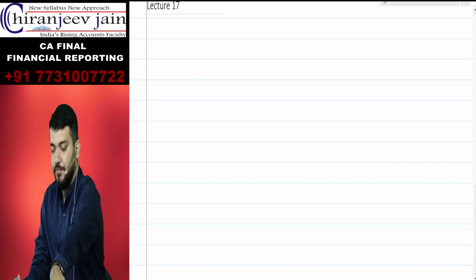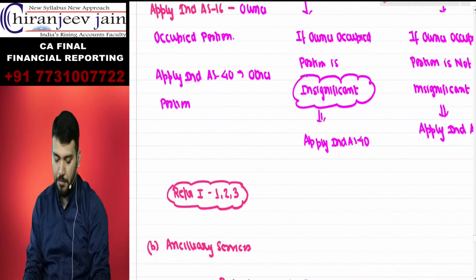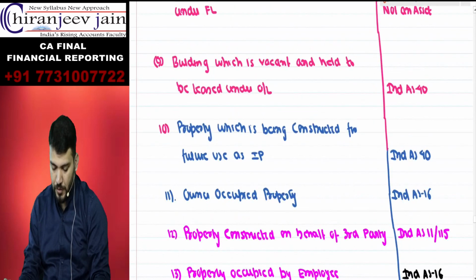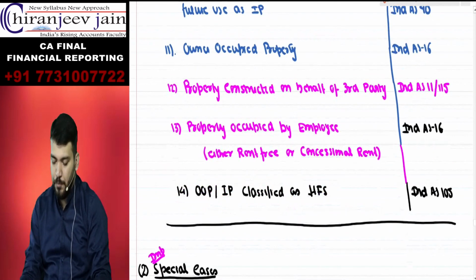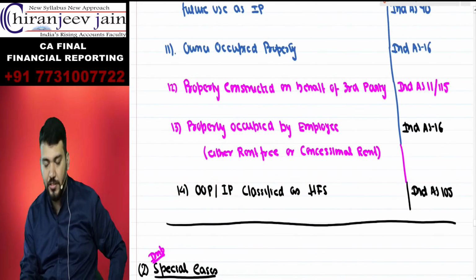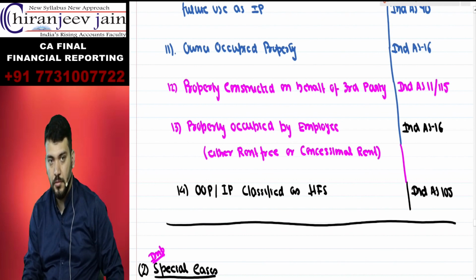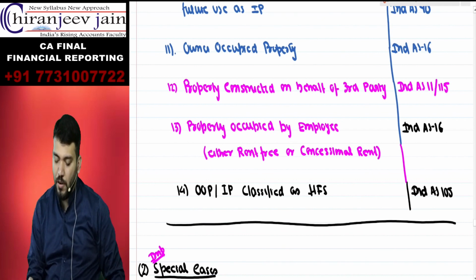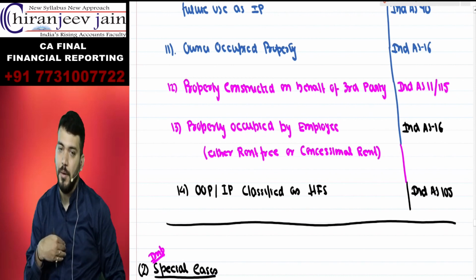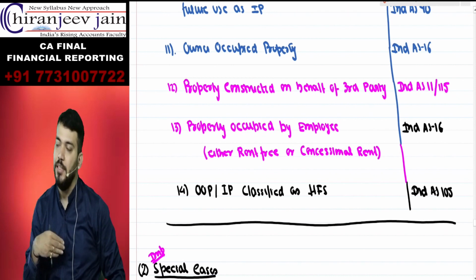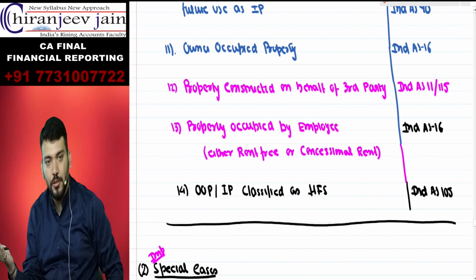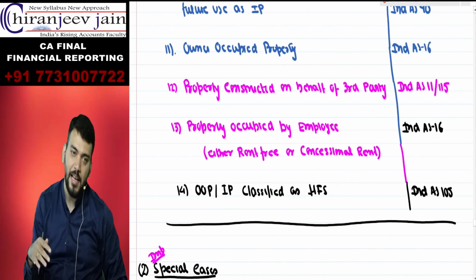Okay, example. Property occupied by employee either rent free or concessional rent. The entity's property has been given to employee either as what?